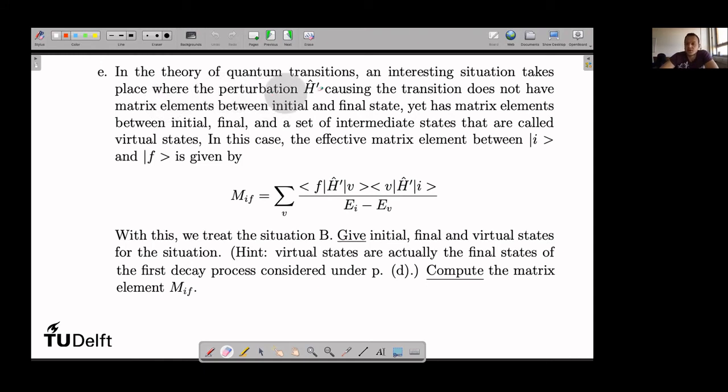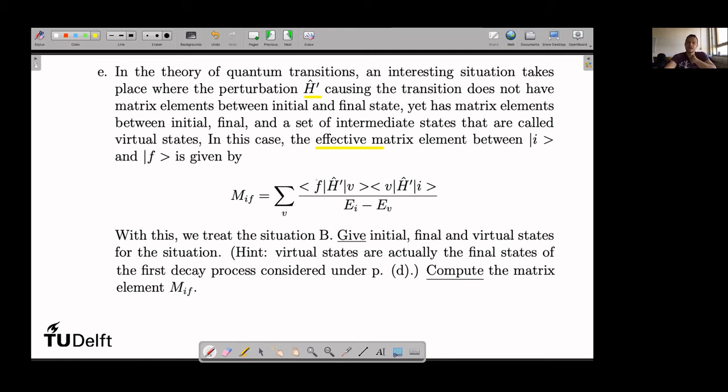In the theory of quantum transitions, an interesting situation takes place where the perturbation, here our mixing Hamiltonian, causing the transition does not have matrix elements between initial and final state, yet has matrix elements between the initial, final state, and a set of intermediate states that are called virtual states. In this case, the effective matrix element between the initial and the final state is given by a formula, and you're given some hints.